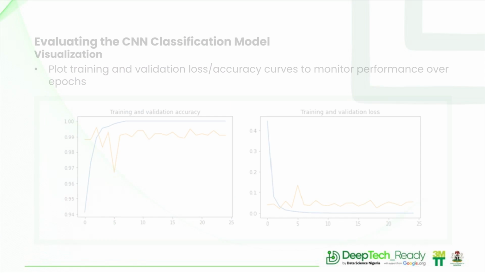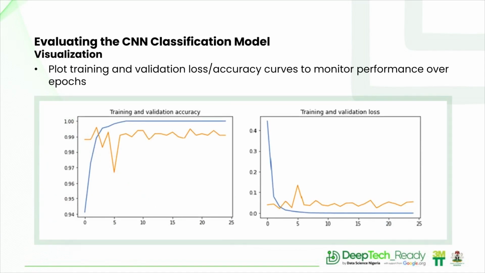Now, apart from the key performance metrics, we can also use visualization in order to evaluate how well our model has done. And we often use what we call the learning curves. The learning curves are widely used diagnostic tools in machine learning, especially for algorithms that learn from a training dataset incrementally.